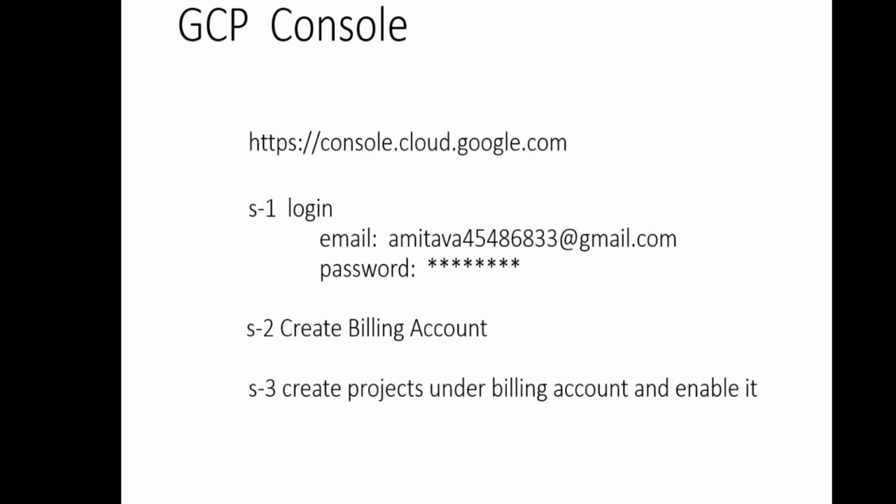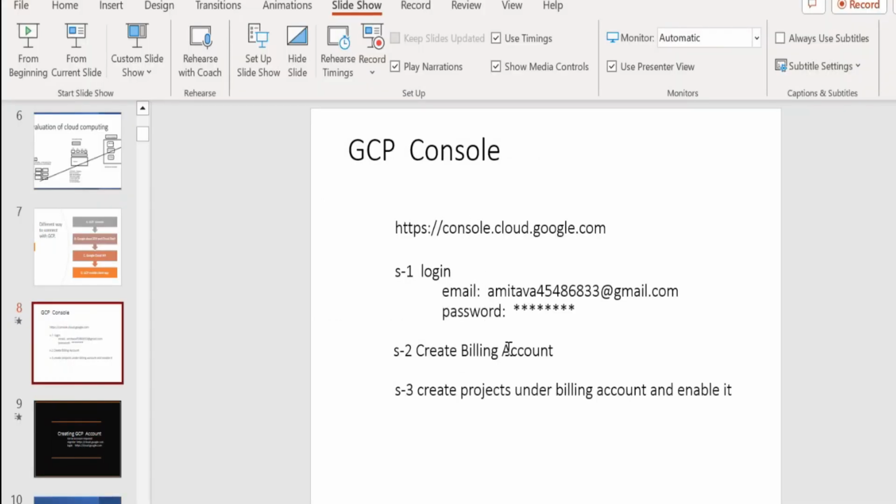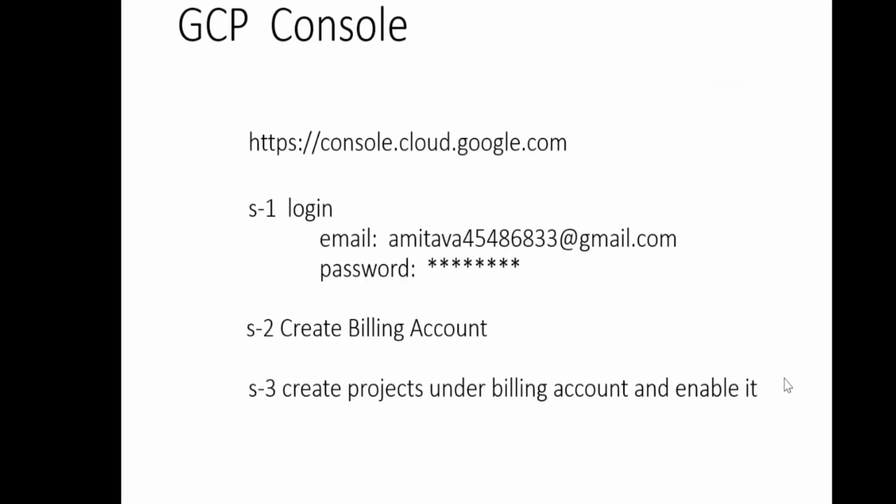We have to log in to the Cloud Console. Okay, so that is the GCP console, and you can connect with all the services through the GCP console. Right? Now, if you want to use any particular service in GCP, you have to create a billing account.